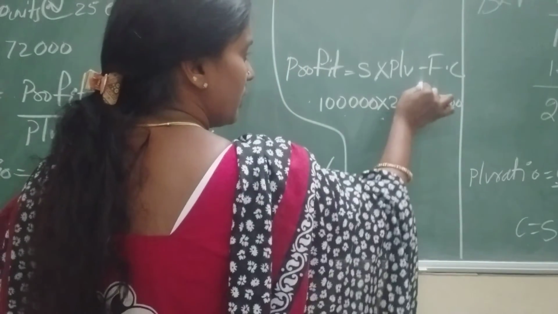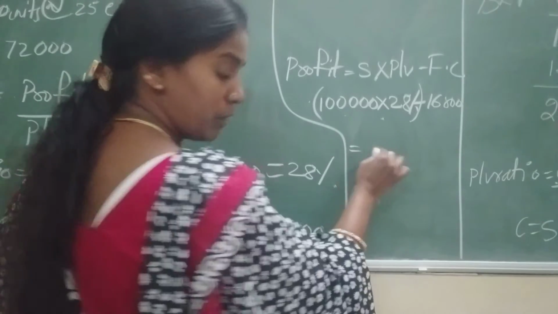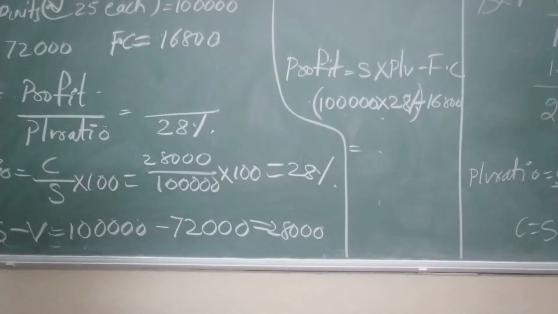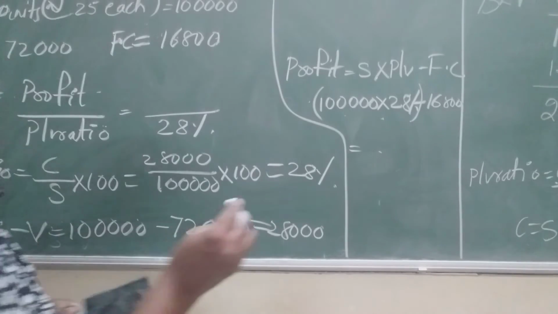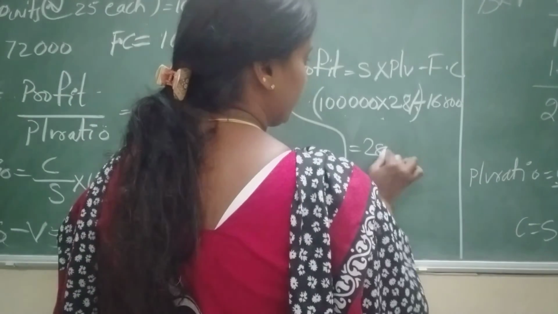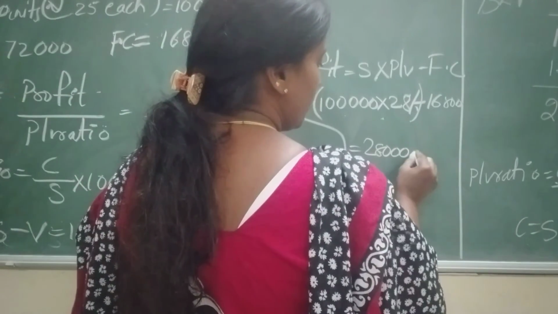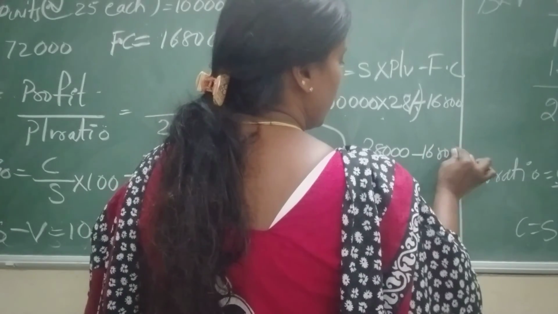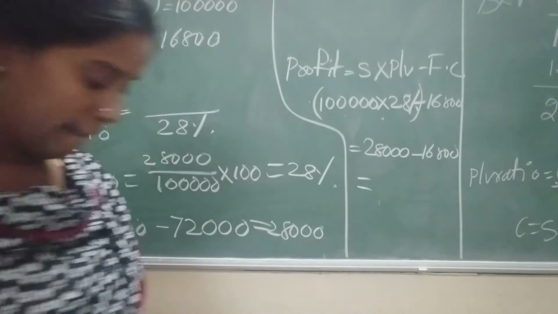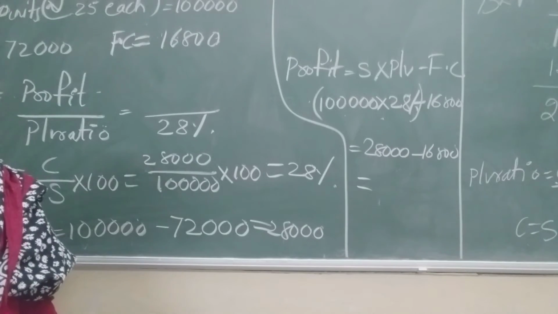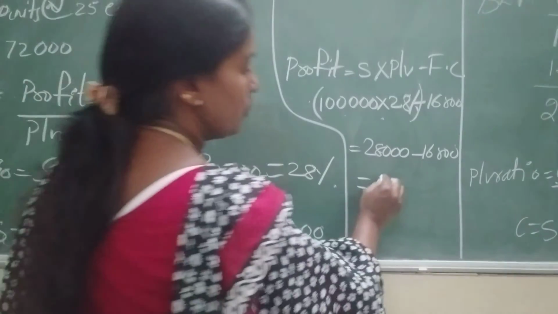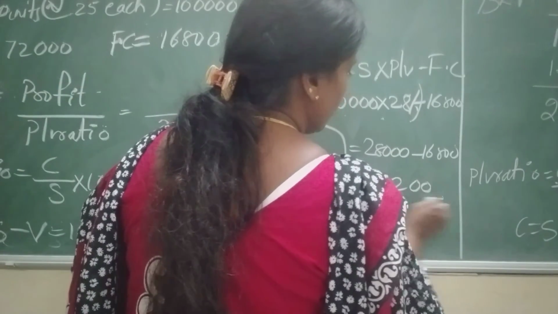So first I am doing these two, that is 1 lakh into 28%. 28,000 you are getting. 28,000 minus 16,800, so 11,200 is the answer.